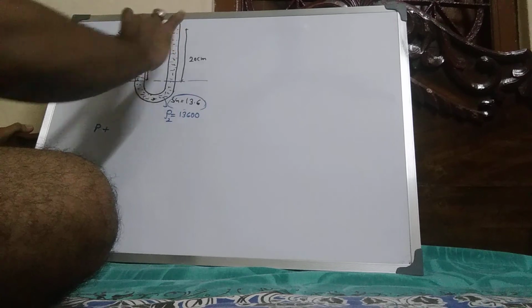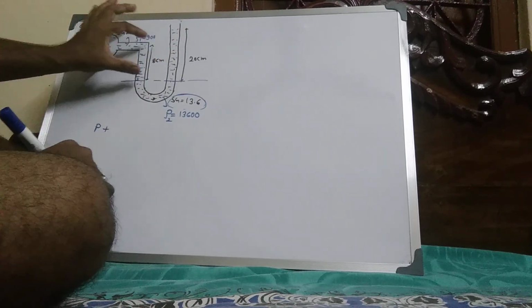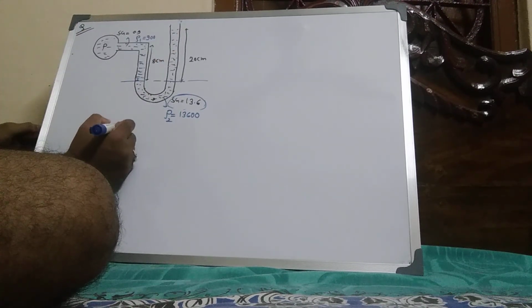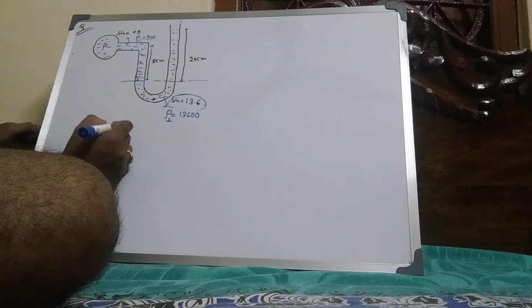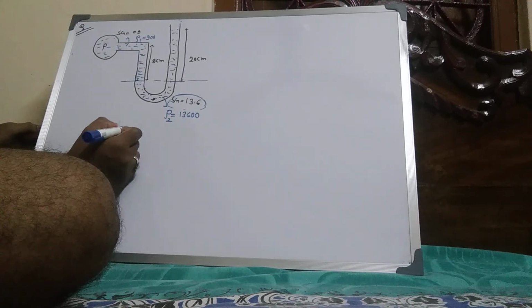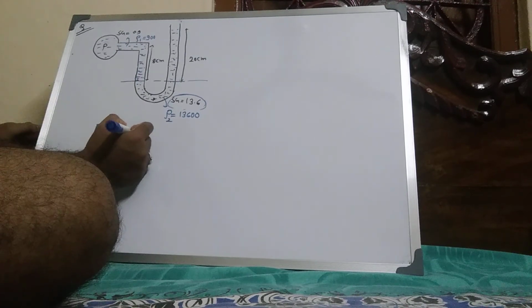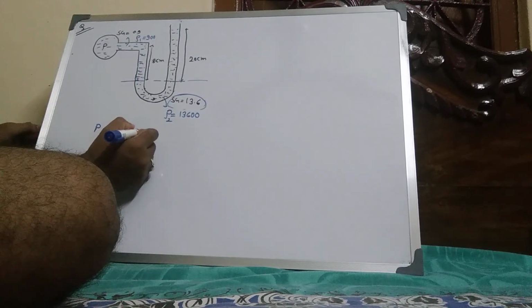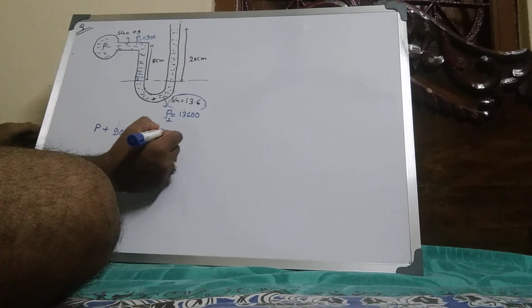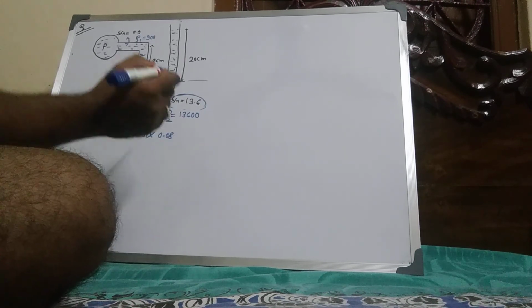Now the height from the reference: rho 1 is 900 into g, 9.81, into height 0.08 meter.